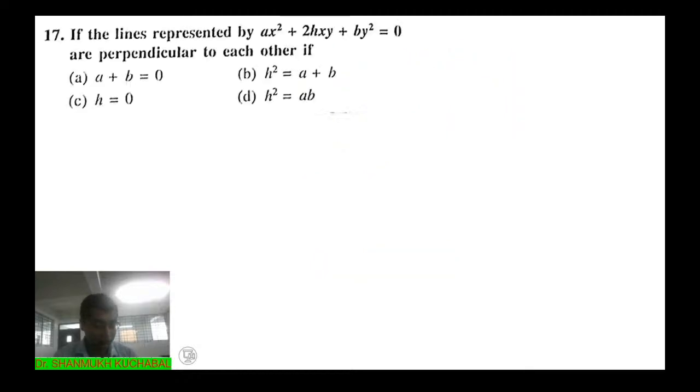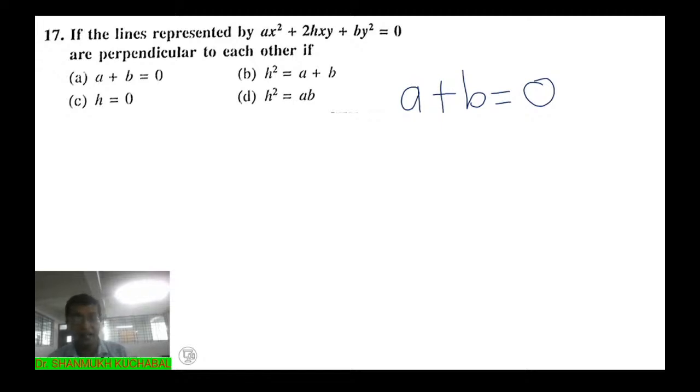Okay, we'll move to the next example. Example number 17. If the lines represented by ax square plus 2hxy plus by square equal to 0 are perpendicular to each other, so it is our standard note, if two lines are perpendicular, then there exists one relation, a plus b is equal to 0.